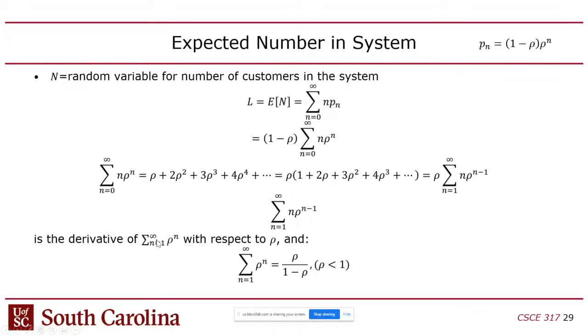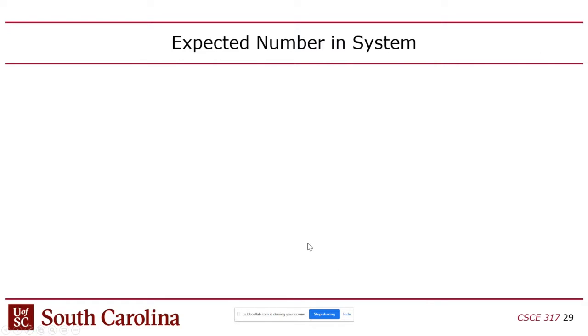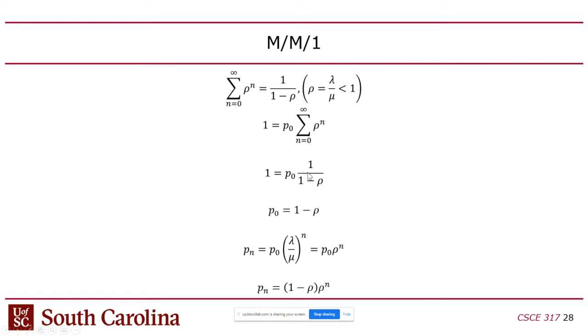So this is the derivative of that, but that is not the same thing as we had before. True, but guess what? There's another mathematical trick. It turns out that the summation of rho to the n from n equals 1 to infinity is rho over 1 minus rho. Now that's not the same as what we had before. Remember, before we had 1 over 1 minus rho.